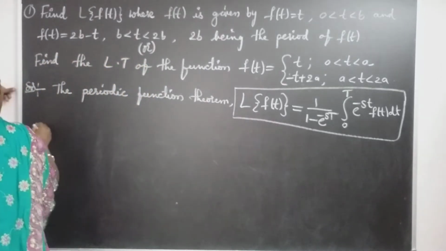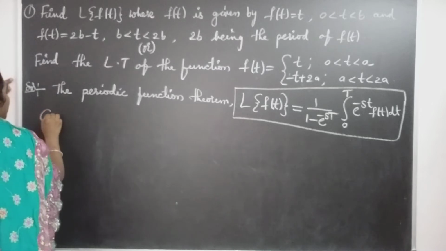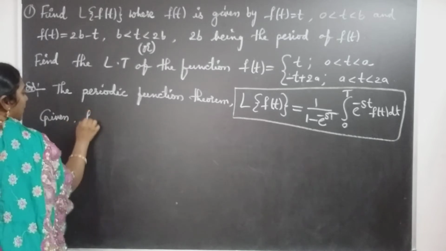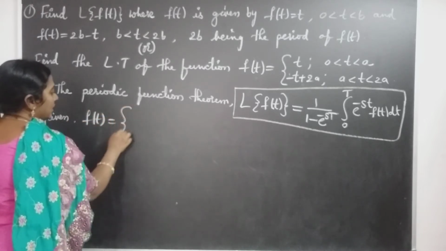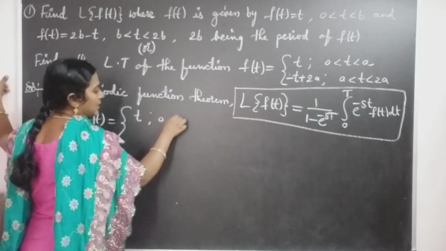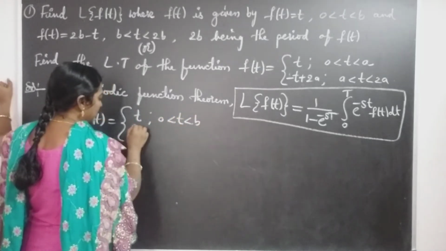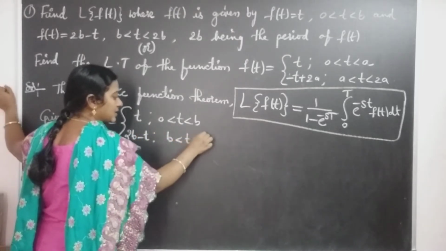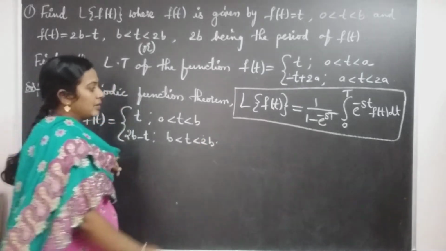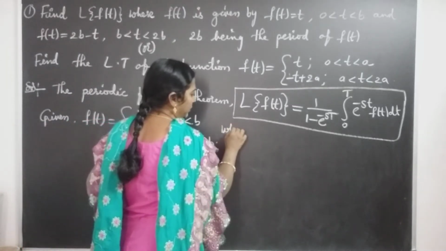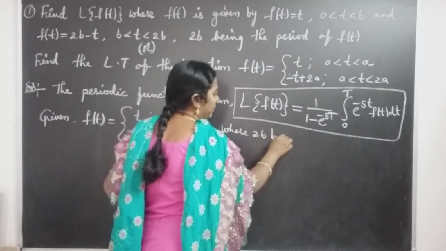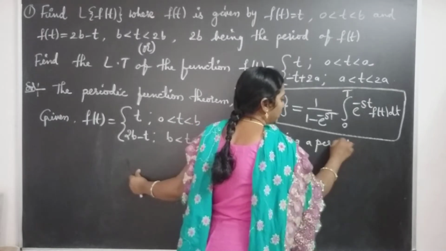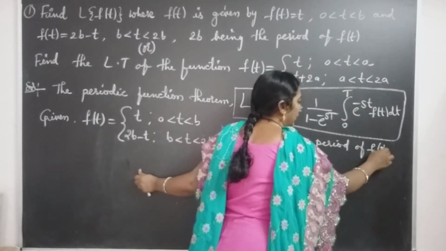The first one is the solution. The given function f of t is equal to t for 0 is less than t is less than b, and 2b minus t for b is less than t is less than 2b, where 2b is the period of f of t.